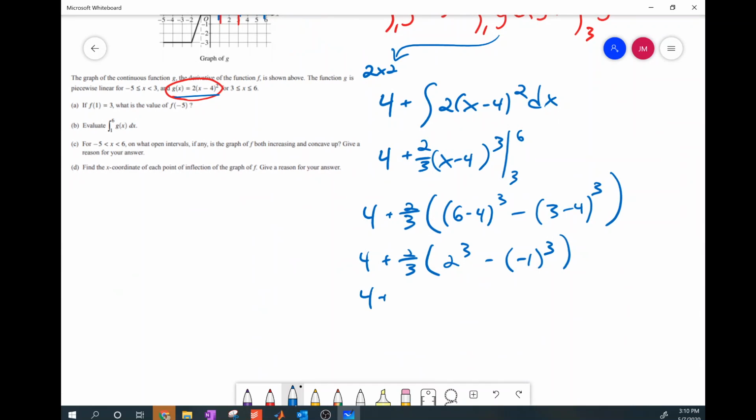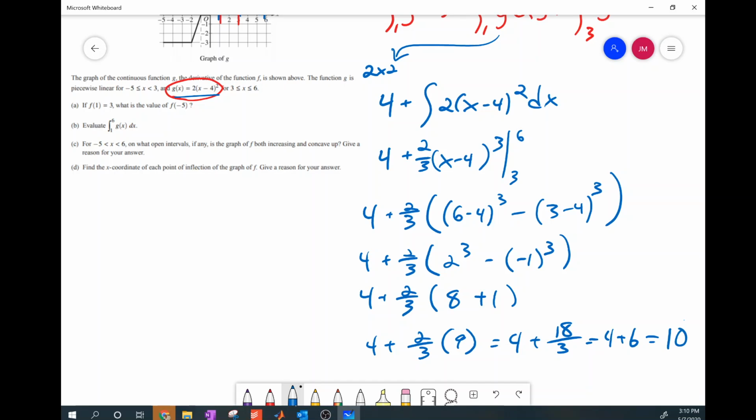So that's 4 plus 2/3, 8. So triple -1 and then another -1 makes it positive. So that's 4 plus 2/3 times 9. That's 4 plus 18/3. That's 4 plus 6, and that will give you 10. And that is your solution for part B.